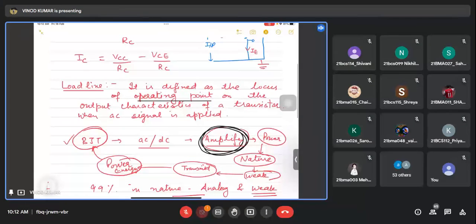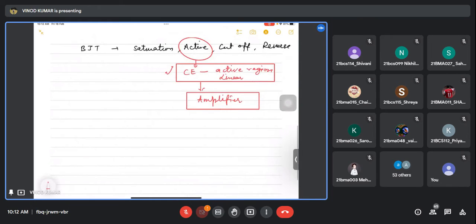So, operating point on the output characteristics of a transistor. Which transistor are we talking about? Common emitter, because it has a very good linear region, right?